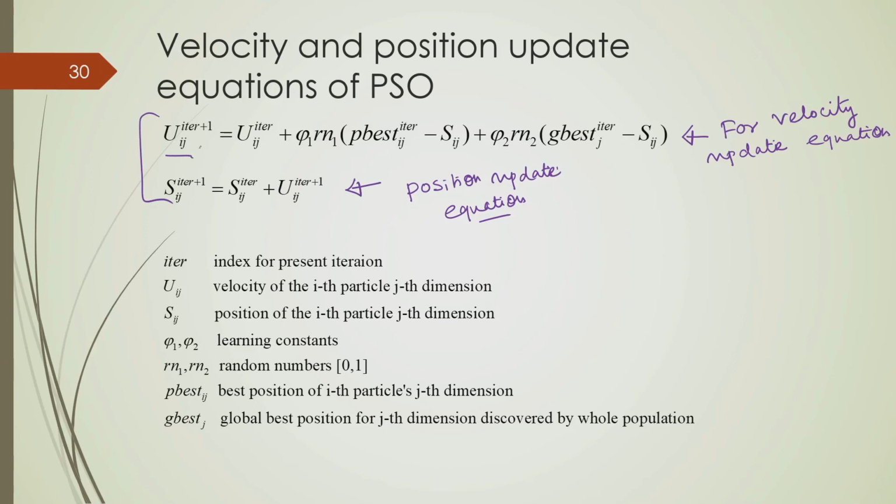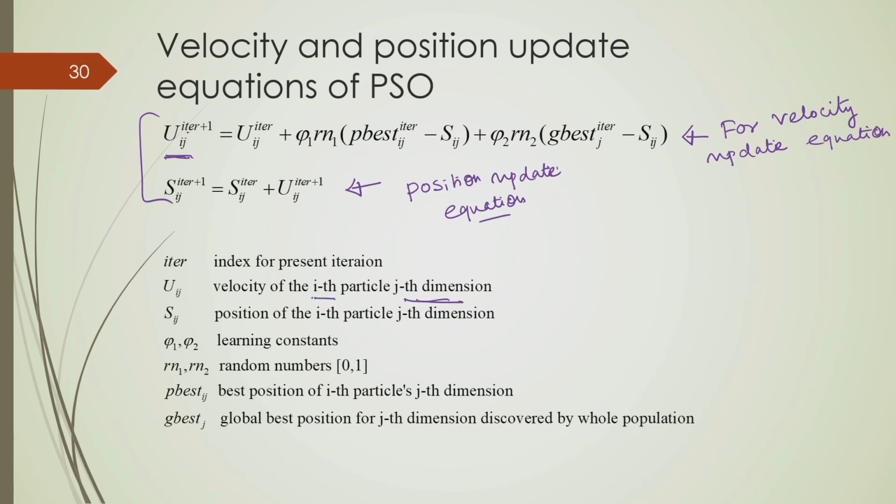Until today, people are working on it to have a better PSO variant. So, here you can look at this equation, this capital U i j iter plus 1 stands for the velocity for the ith particle, jth dimension.